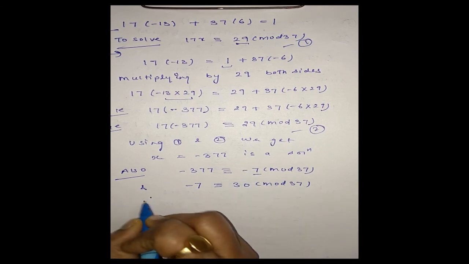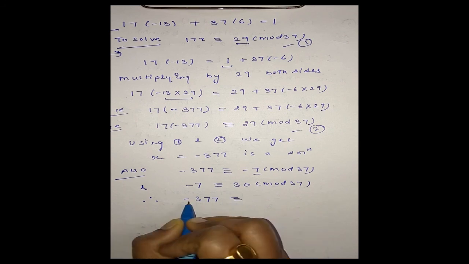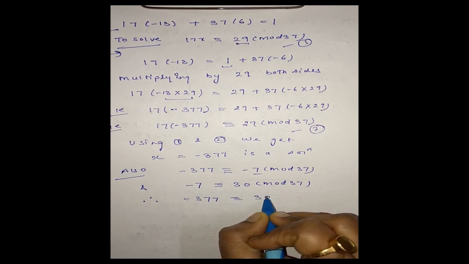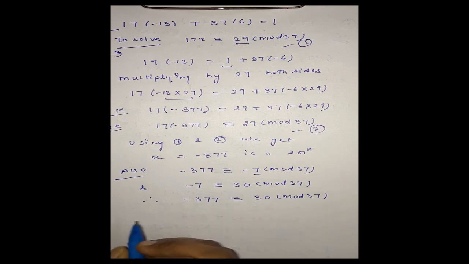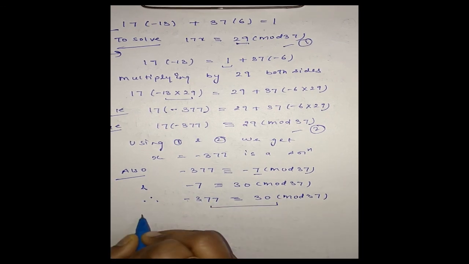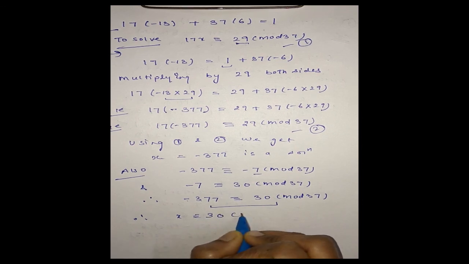Or in one step we can write minus 377 is congruent to 30 modulo 37. Therefore x is congruent to 30 modulo 37 is a solution.